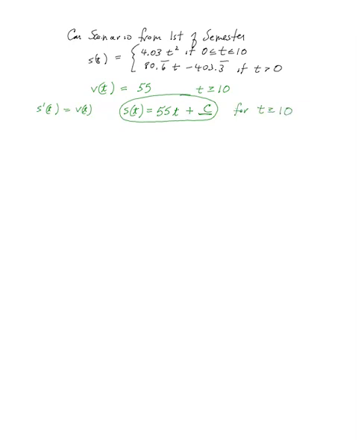The way we'll do that is the position at t equal 10 using this first piece, and the position at t equal 10 using this piece will have to be the same. The function's continuous, in other words. So we'll use that piece of information to find this arbitrary constant c.